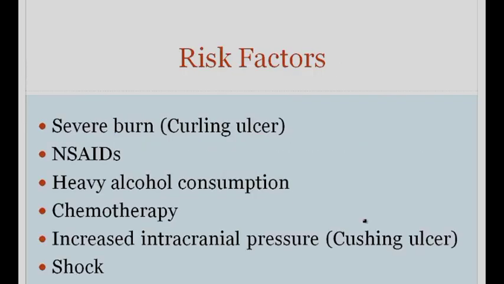Now, once you understand that, you can then go into a discussion of the risk factors of acute gastritis. So, for example, the first risk factor would be a severe burn. That's also called a curling ulcer, when the patients get ulceration in the context of a severe burn. Now, what's the idea here? Well, when patients get severe burn, one of the complications is hypovolemia.